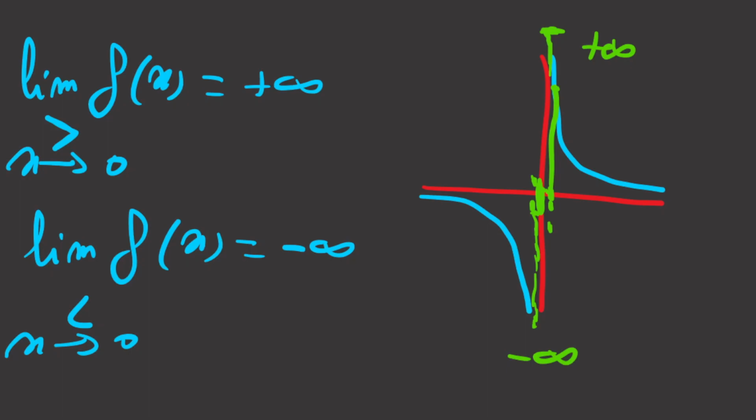So this is the idea of limit. And we can do the same thing on this side and on this side. I won't explain much. You can experiment with this in your notebook.